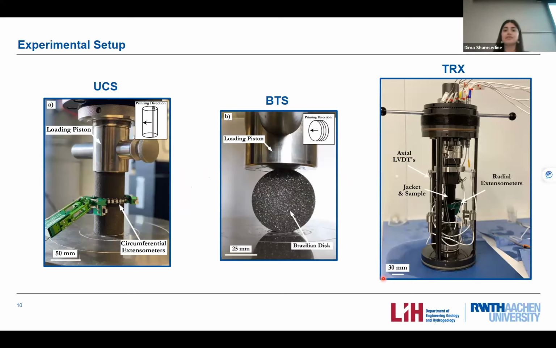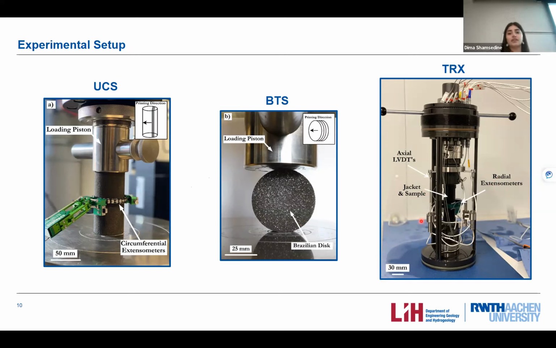Now, the experimental setup. These figures show the experimental setup used at RWTH. We can see that there is a constant measurement of axial and radial strain, circumferential strain in the case of UCS, and radial strain in the case of triaxial tests, by using installed extensometers and axial LVDTs.